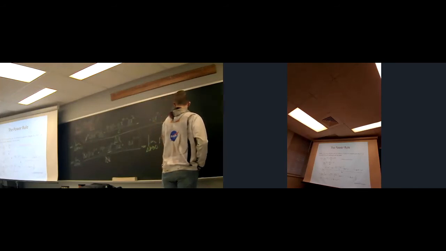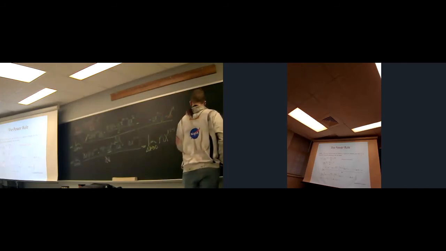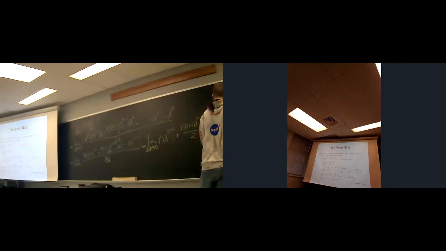So this delta x and this delta x are going to cancel. We're going to be left with the limit as delta x goes to 0 of n times x to the n minus 1 plus n times n minus 1 times x to the n minus 2 times delta x over 2 plus dot dot dot delta x to the n minus 1.